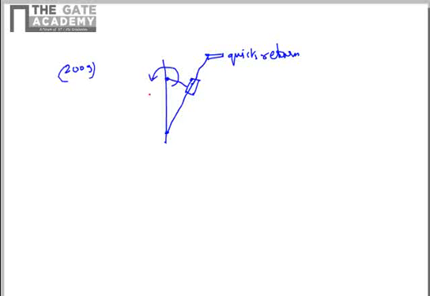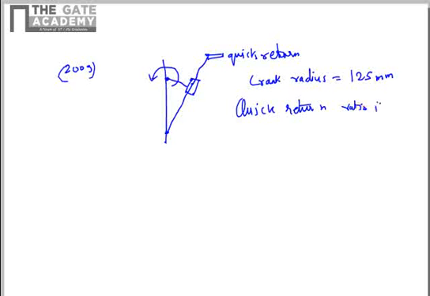In this case, the crank radius is given as 125 mm, and it is given that the quick return ratio is 2:1.